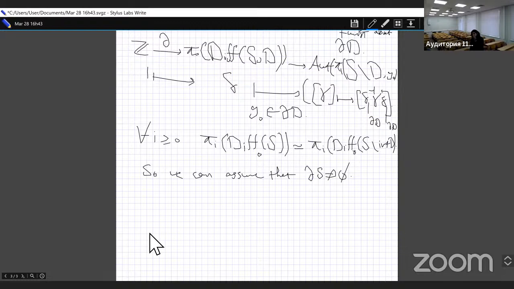So basically, if you're mapping something compact anywhere, then all those mapping spaces are fibrations in the literal sense.